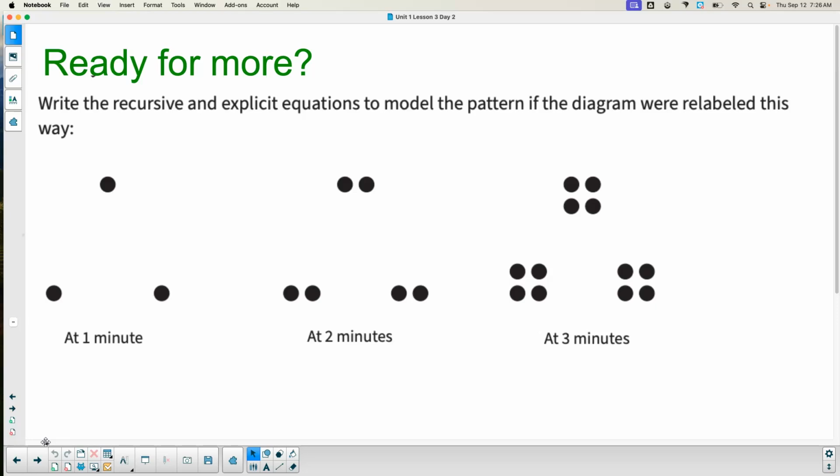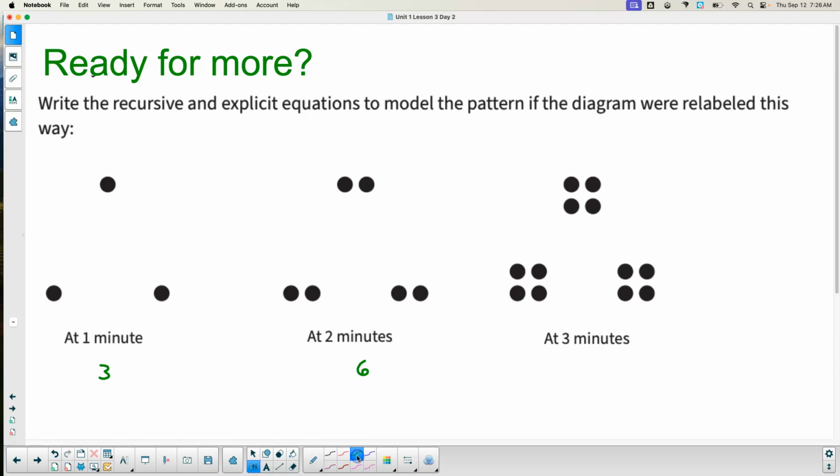So at 1 minute, we have 3 dots. I always just like to count the dots and see because I can see things in numbers too. We have 3 dots here after 1 minute. After 2 minutes, now we've got 6 dots.